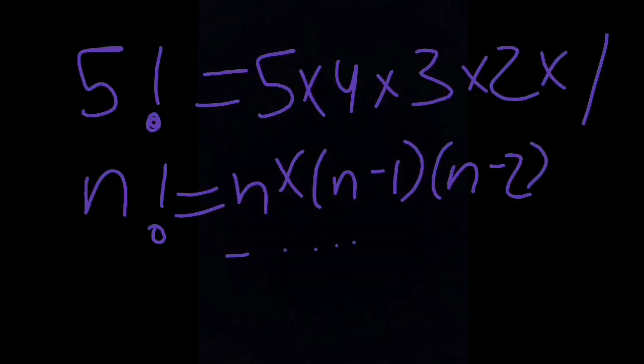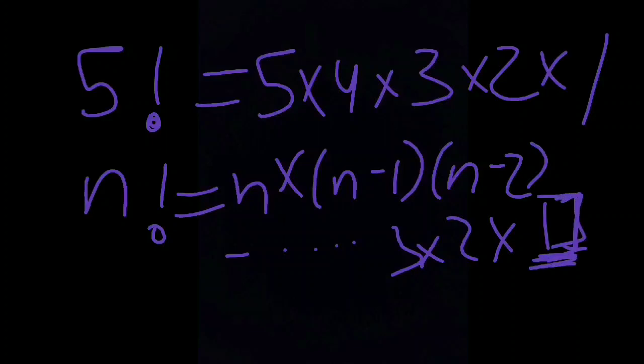So if I do it for any number n, then n factorial is n times n minus 1 times n minus 2 up till we go to 3 into 2 into 1. So this is going to be the factorial of any number, and 1 is the ending point here, guys.